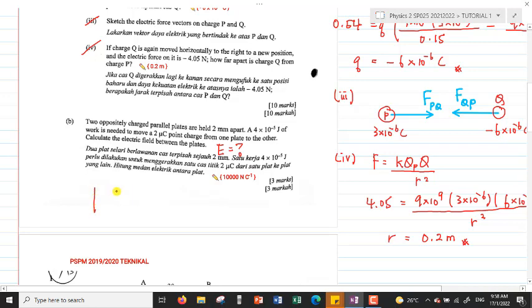Means that we have 2 parallel plates. Okay, so the separation between them is 2 millimeter, means 2 to the power of negative 3 meter.